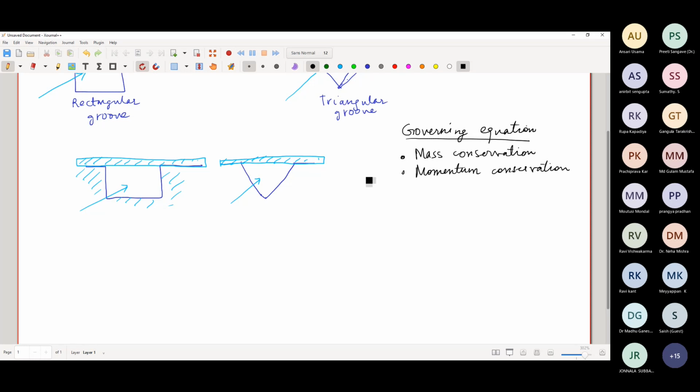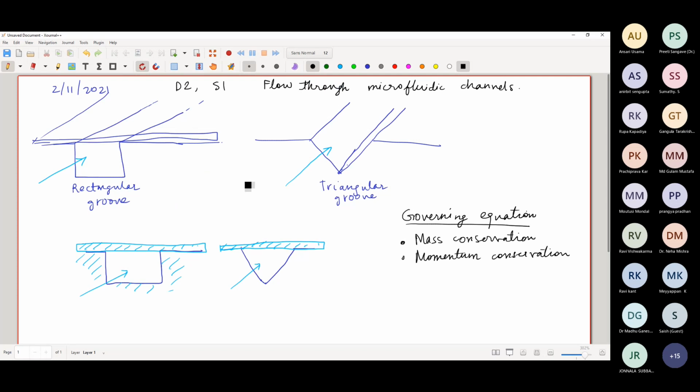The mass conservation equation states that if I were to consider a small imaginary volume in the flow, the flow is going through the volume.